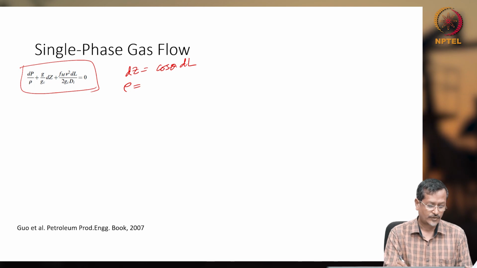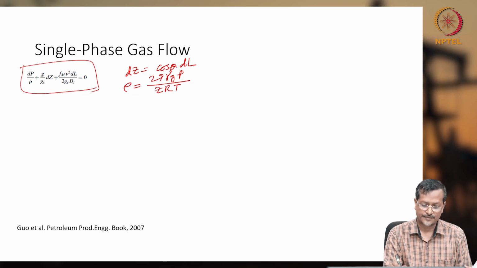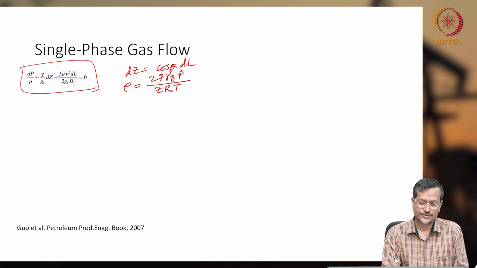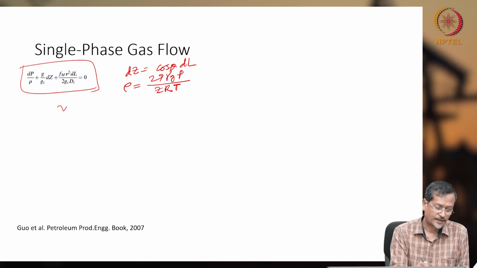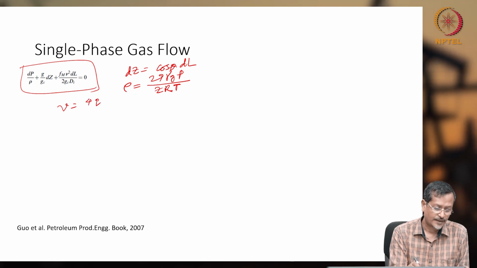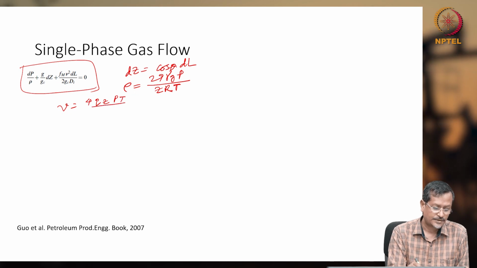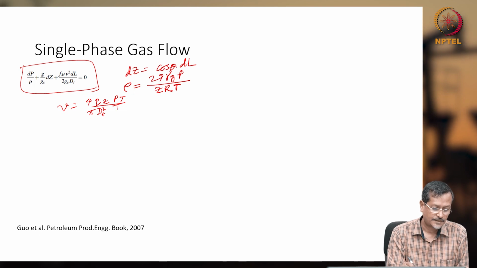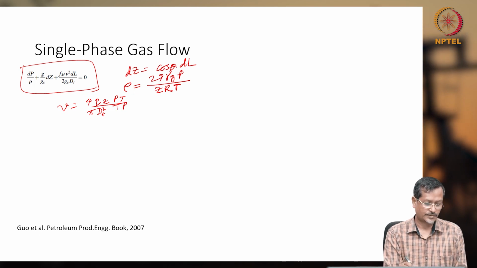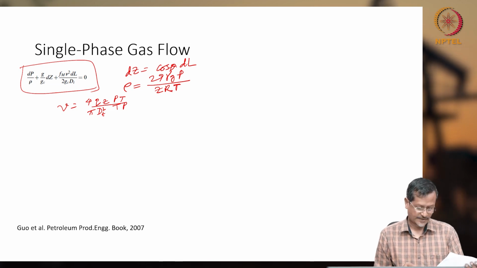Density rho will be 29 gamma g P, P is in situ pressure, over Z R T. R is the universal gas constant, Z is the compressibility factor, T is temperature, and v equals 4 q Z P_sc T over P T_sc pi d square. If you can find or give these terms, then you can calculate single phase gas flow.